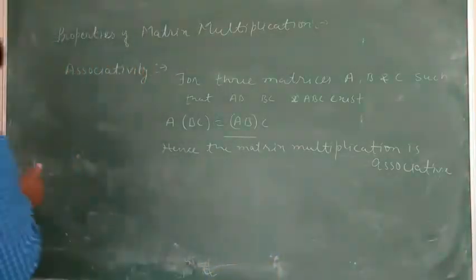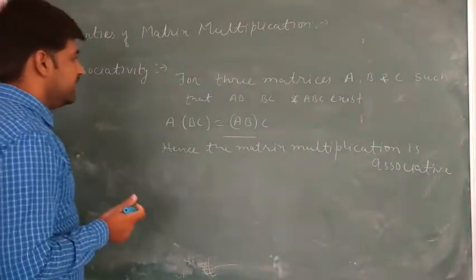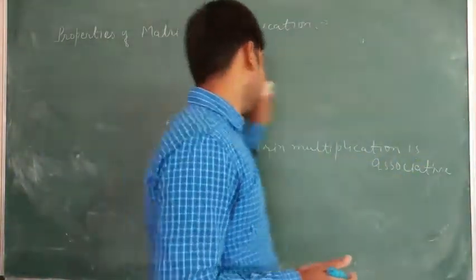The next property, students, is the existence of identity element.